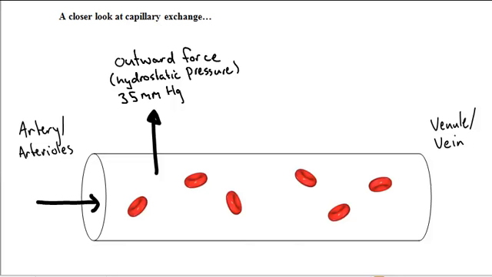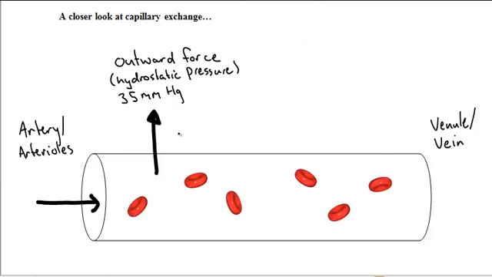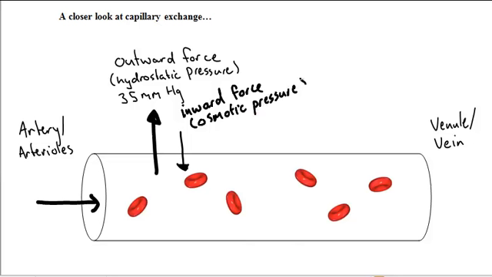But there's an inward force as well, because you have a high concentration of salt here that's going to draw the water from the tissues inwards. This is your osmotic pressure. And it's usually about 24 millimeters of mercury.